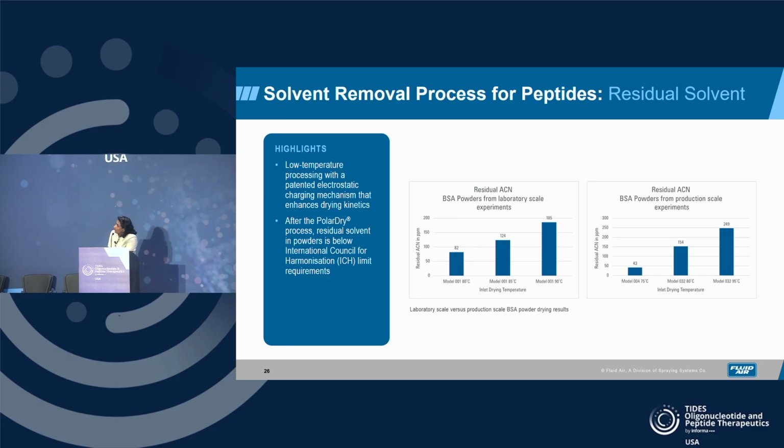So we showed that regardless of R&D to scale up to production and temperature, the residual ACN in the powders remained below those requirements of 410 ppm set by ICH, way below in the final powders.